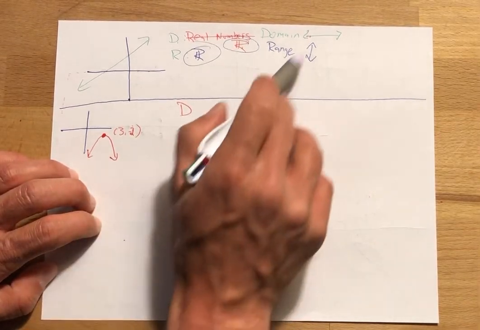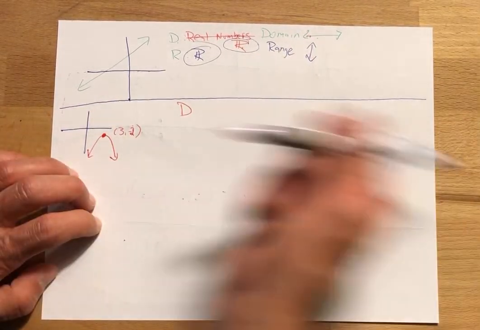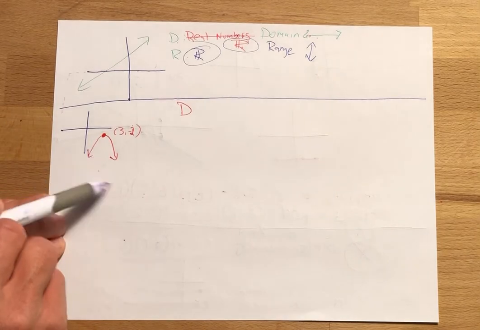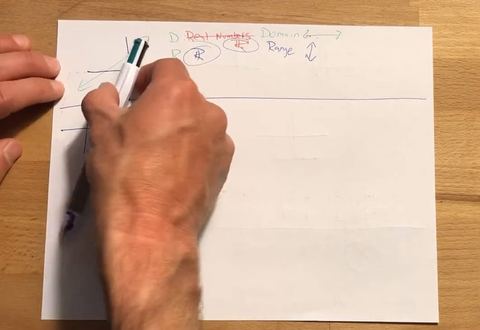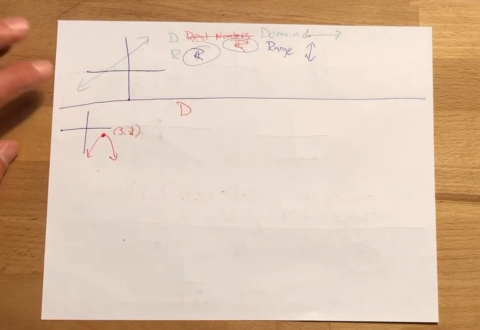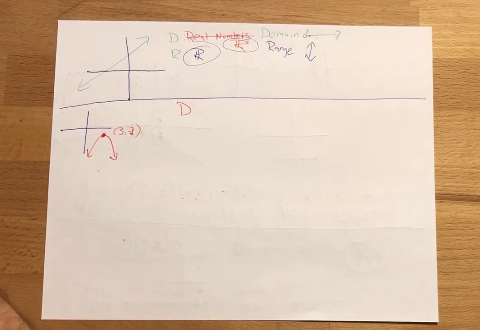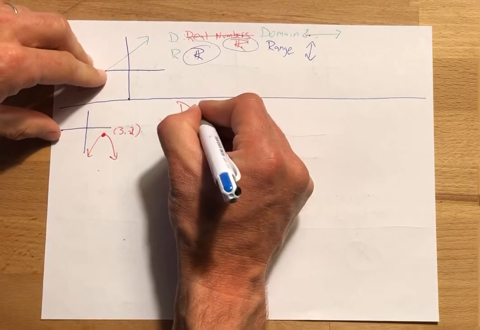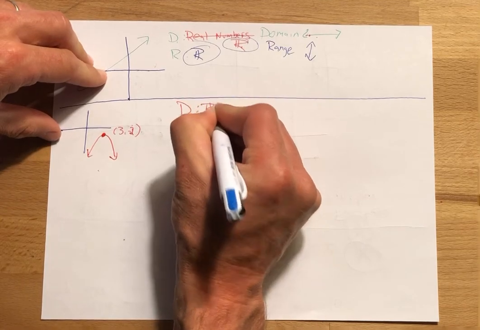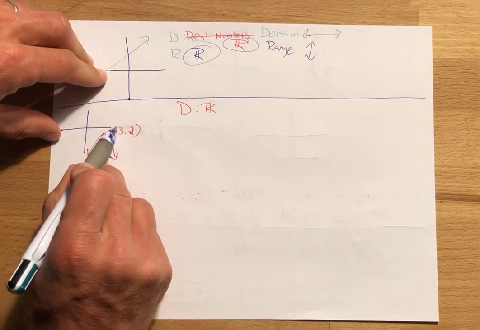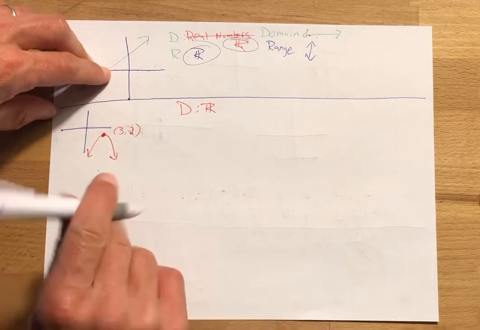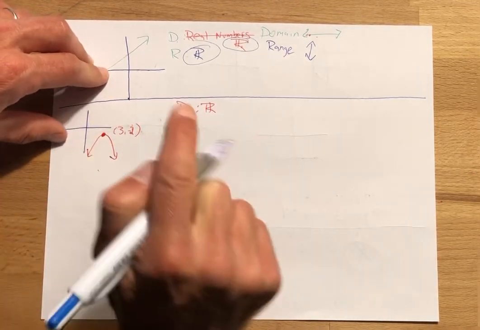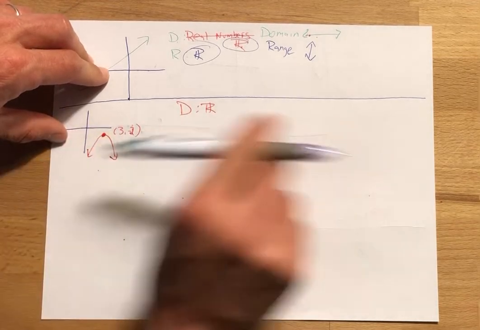Your domain is how far it goes left and right. Well, let's look at this. It goes diagonally down to the right forever, and it's going to go diagonally down to the left forever. So what is your domain? Your domain is going to be all real numbers because it's going to have an infinite amount of x's to the left and to the right of it, infinitely. Or in simple English, it's going to go to the left and to the right forever.